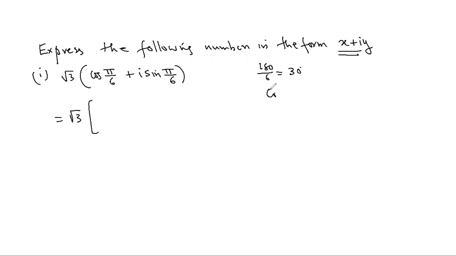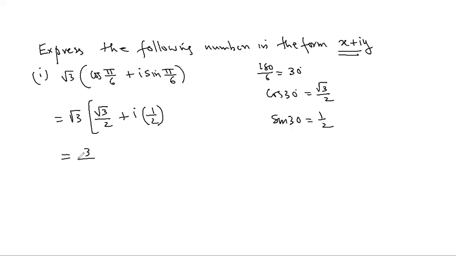Cos 30 degree's value is root 3 by 2, and sin 30 is half. So just put the value here: root 3 by 2 plus i into 1 by 2. Now open the bracket: 3 by 2 plus root 3 by 2 i. The answer is over.